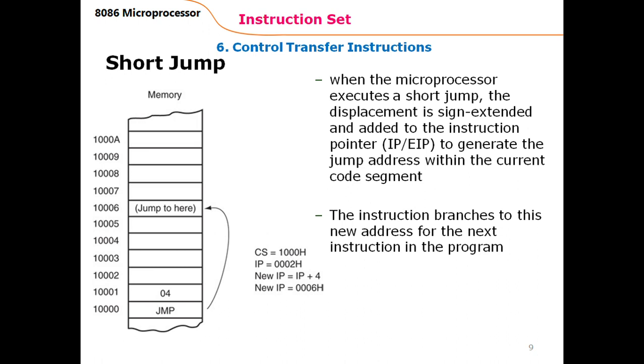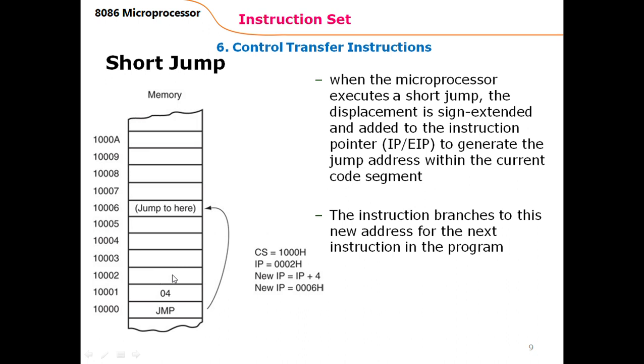So the existing code segment value 1000 gets another 0 added on the right side, which is equivalent to left shifting by 1 hexadecimal digit. This 5-digit value is then added to the current content of the instruction pointer, which is 0002. After these two values are added, we get 10002, which is the address of this next instruction.